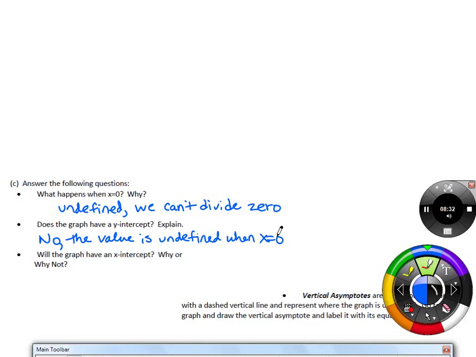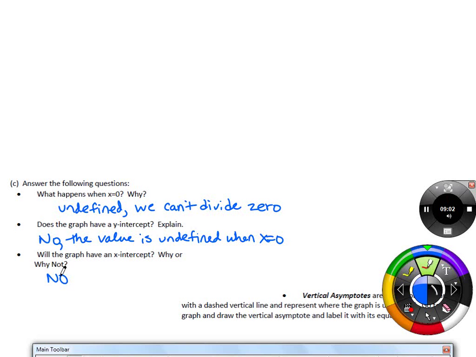Does the graph have an x-intercept? So look at your graph. Does it have an x-intercept? No. Okay. So why not? Why didn't we get an x-intercept? Why did our graph not cross the x-axis? Good.